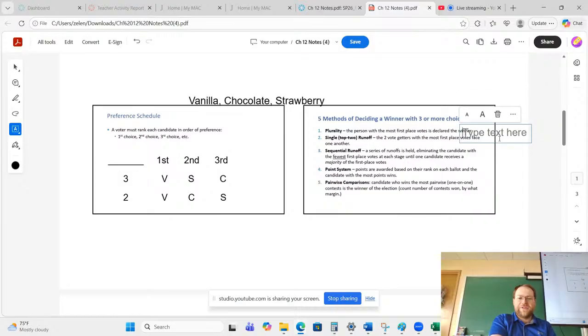So in the case of our example here, which one has the most first place votes? Vanilla. Yep, so because vanilla has the most first place votes, which in this case is everybody, vanilla would be declared the winner from plurality.